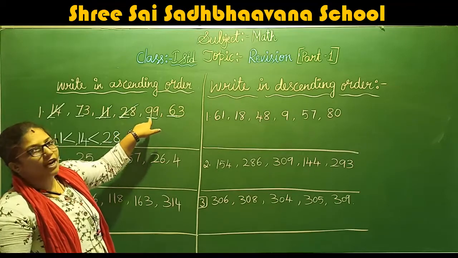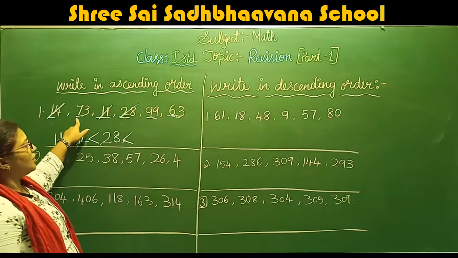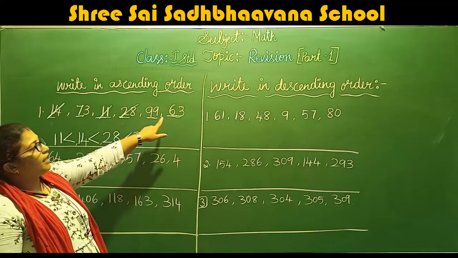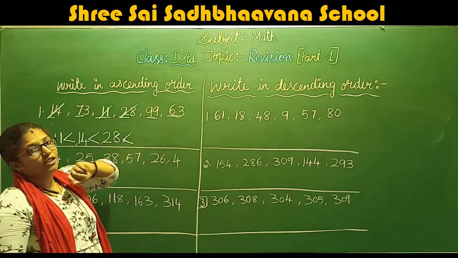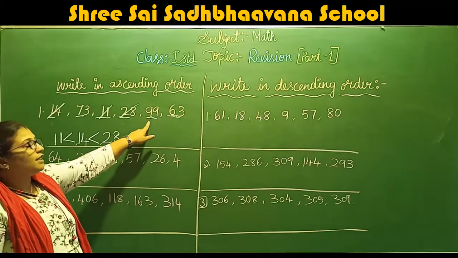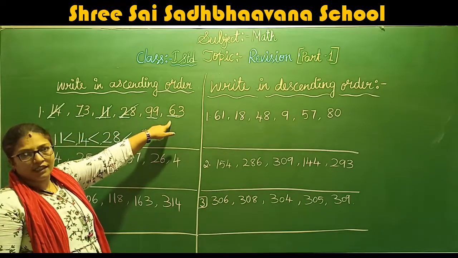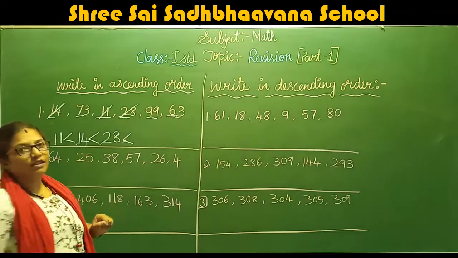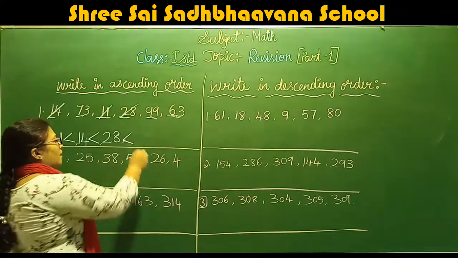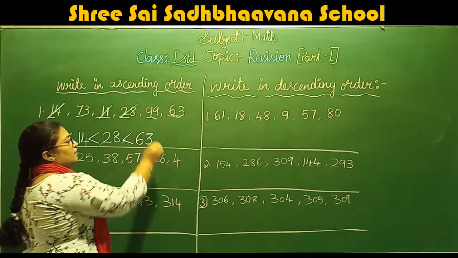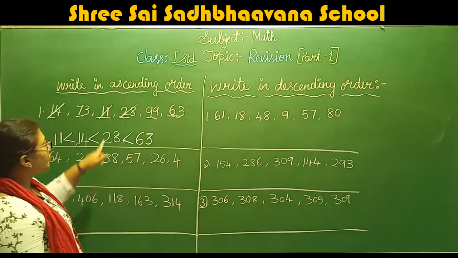Then 99, 63 and 73. 7, 9 and 6. Which is the smallest number in that? Is 9 the smallest, is 7 the smallest, or is 6 the smallest? 6 is the only smallest number. So we are writing here 63.